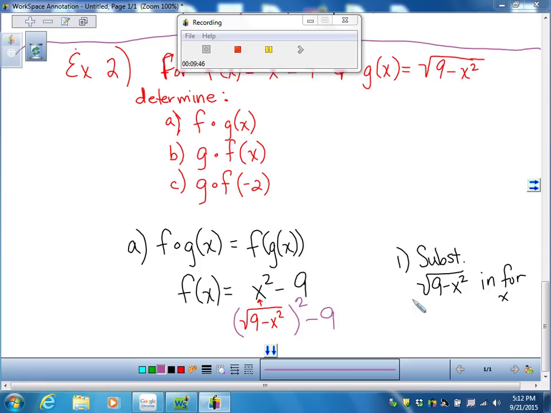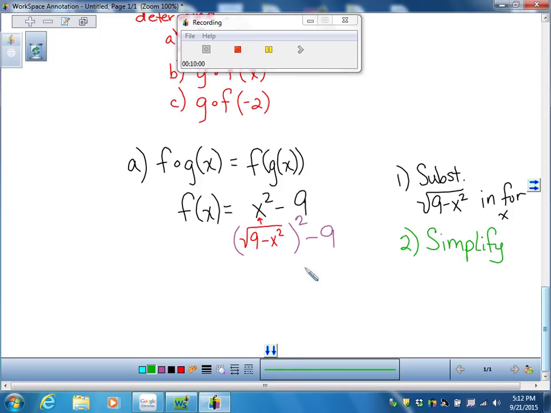After I've substituted, my next step is to simplify. So substitute and simplify. That's what you're repeating each time that you do this. So now I'm ready to simplify. When I square a square root, the square undoes the square root, so I'm only left with what is underneath that radical. So I'm left with 9 minus x squared.